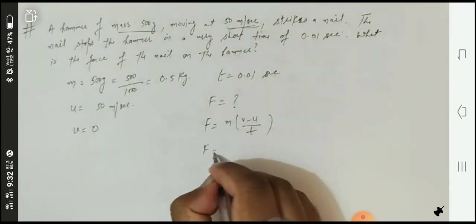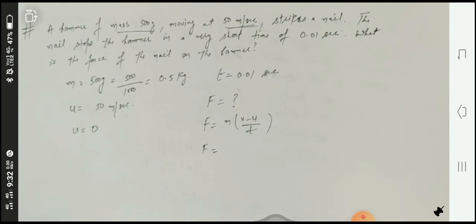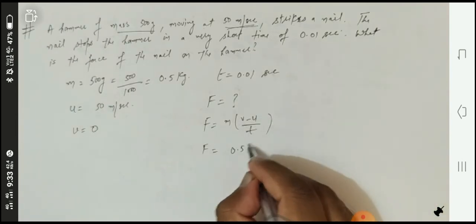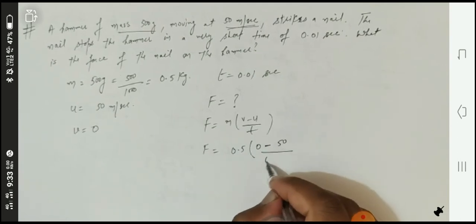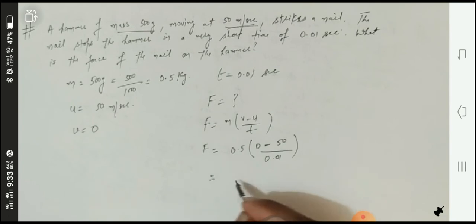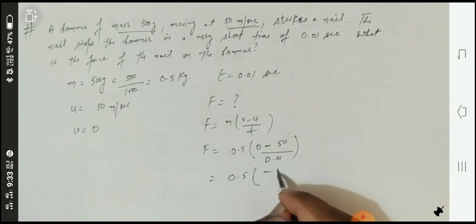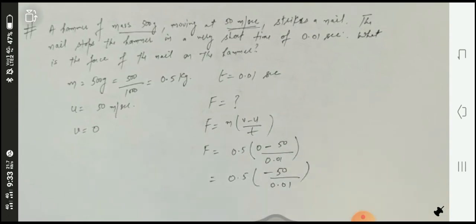The value of F is positive or negative? Check your answer. The value of m is 0.5, the value of v is 0, the value of u is 50, time is 0.01. So it becomes 0.5 into minus 50 upon 0.01, right?